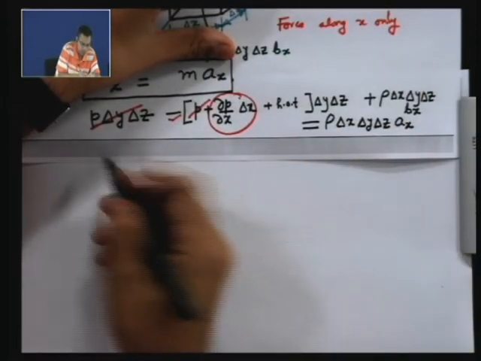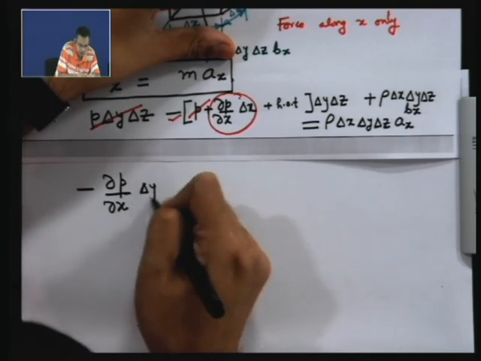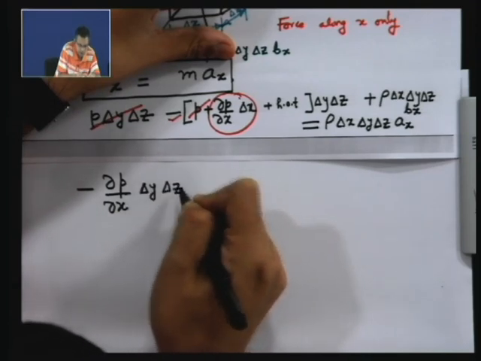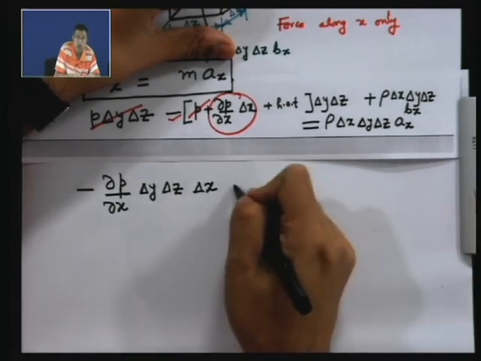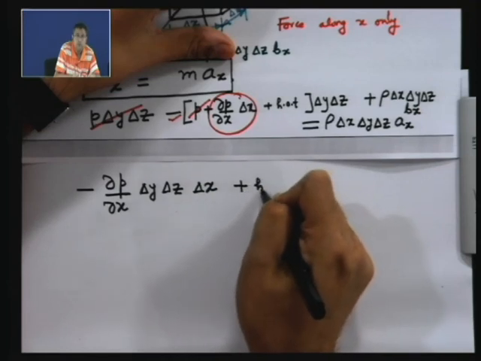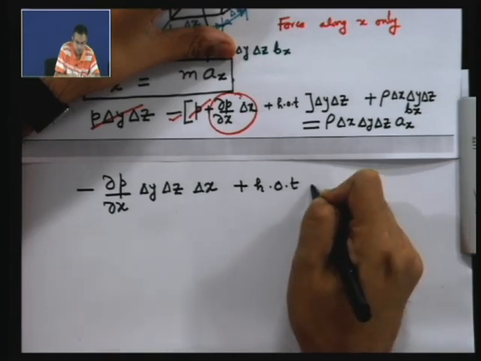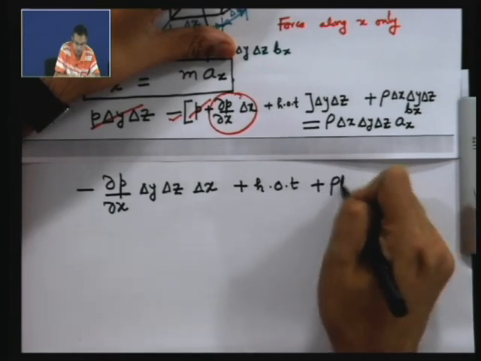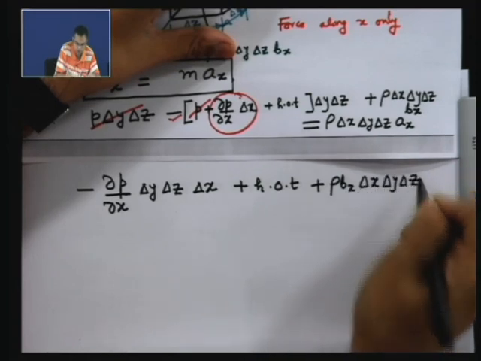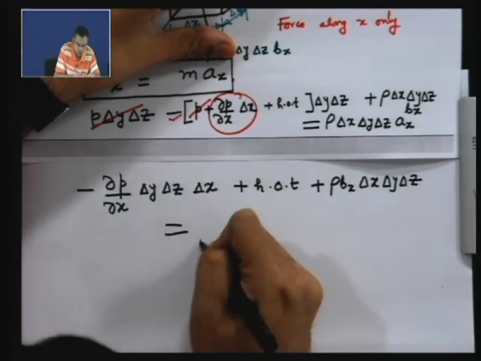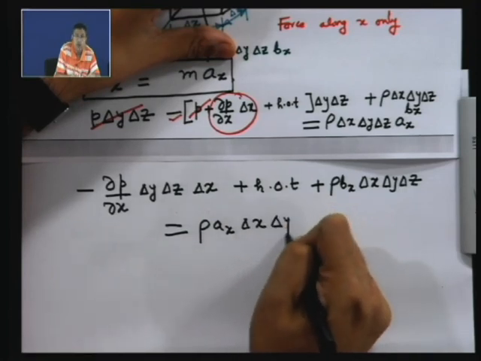So, minus del p del x into delta y into delta z into delta x is there of course, plus higher order term, plus rho bx into delta x delta y delta z, is equal to rho ax into delta x delta y delta z.